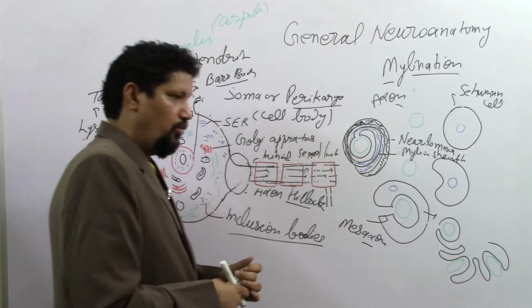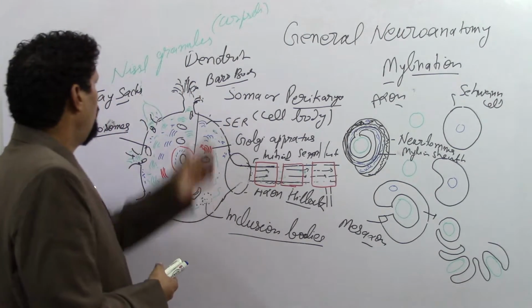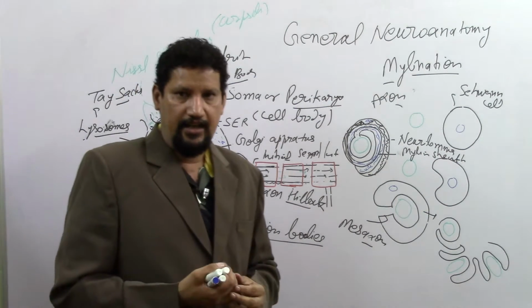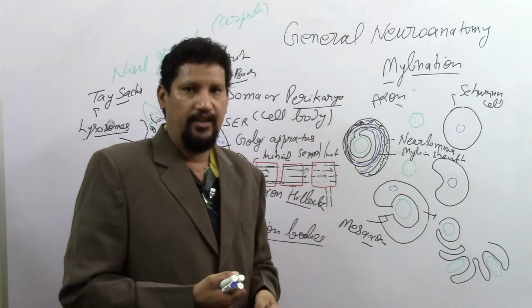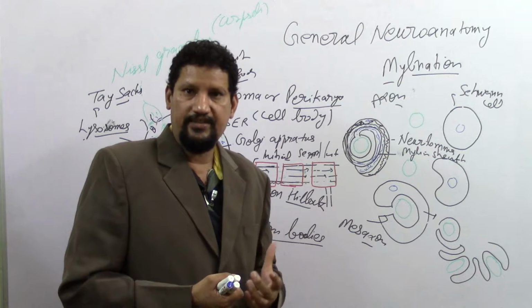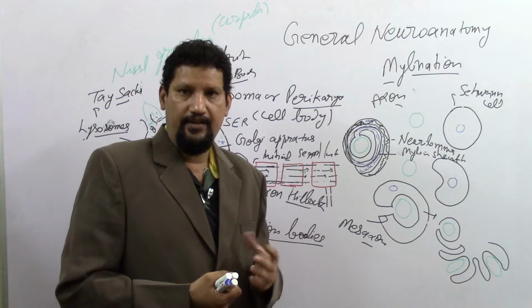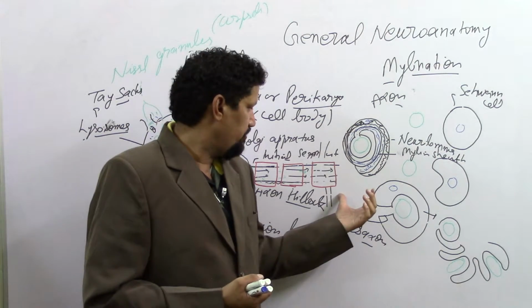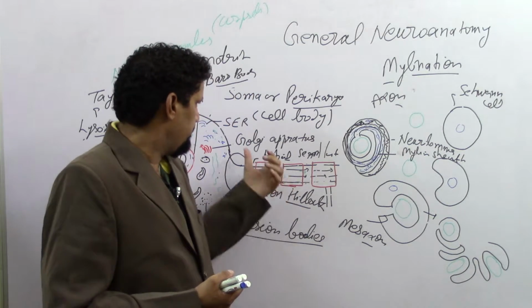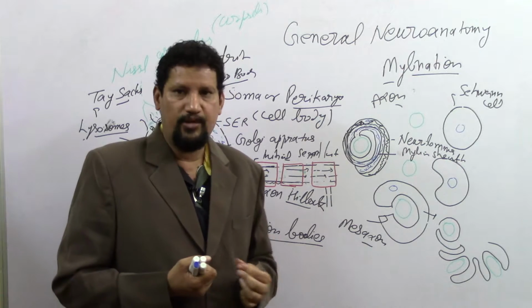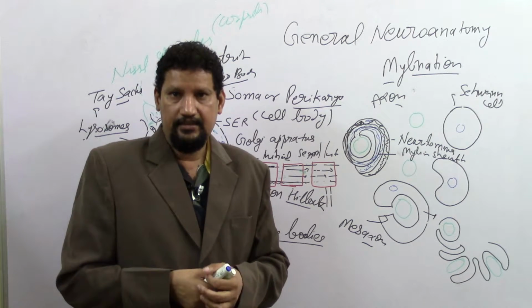So up to now we have seen what a neuron is. A neuron is the genetic, anatomical, functional and trophic unit of the nervous system. These cells lost the capacity to divide and form other cells. So the cells of the nervous system, or neurons, are non-divisible cells, and these cells lost the property of cell division.